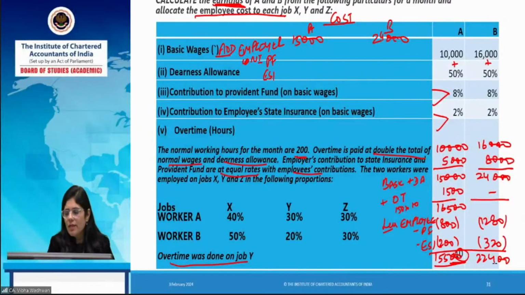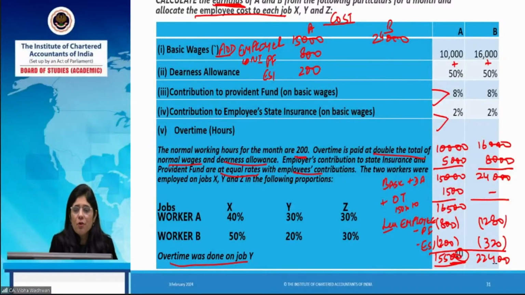They are contributing at equal rates, so 800 and 200 will be added. See, employer is paying 15,000 to A, and over and above, the employer is also contributing 1,000 towards the fund. So it is also cost to the employer.